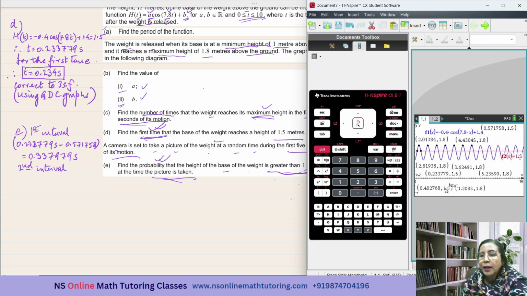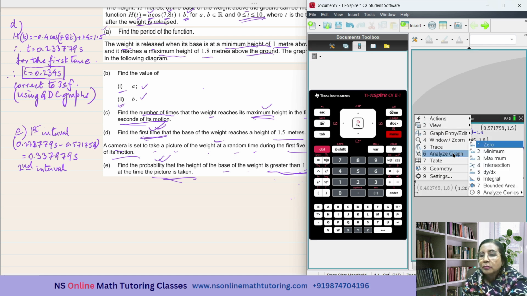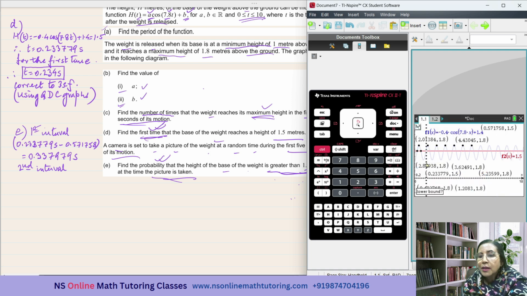Okay. Second interval, let us go to the graphs again. Intersection, this point. Okay.